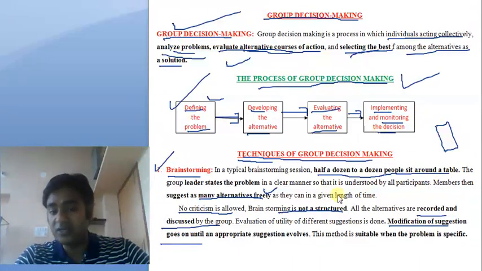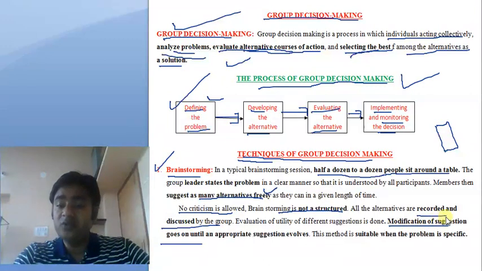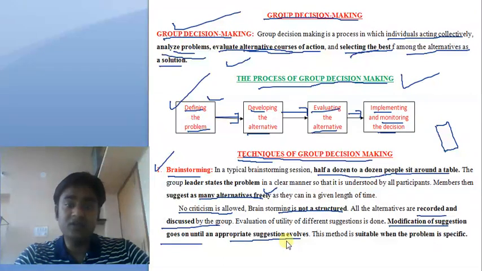They modify those suggestions, and this modification goes on until an appropriate suggestion evolves. They discuss for a long time and modify the different suggestions until they get the most suitable suggestion.